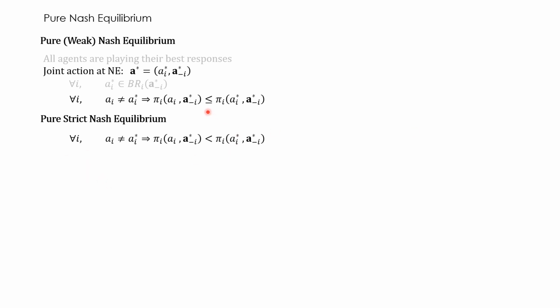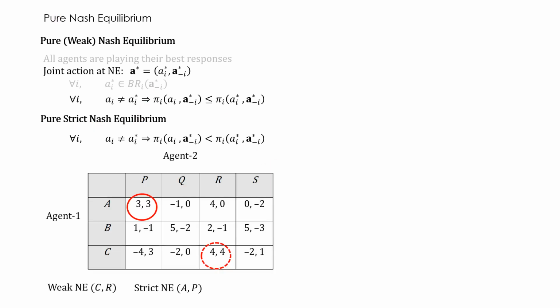Replacing this less than or equal to with a strictly less than, we can get the definition of a pure strict Nash equilibrium. Here's an example. This is a bimatrix game. There's a weak Nash equilibrium at CR.